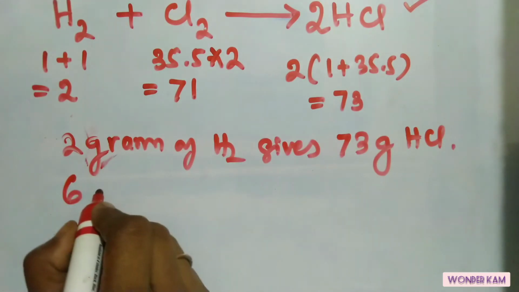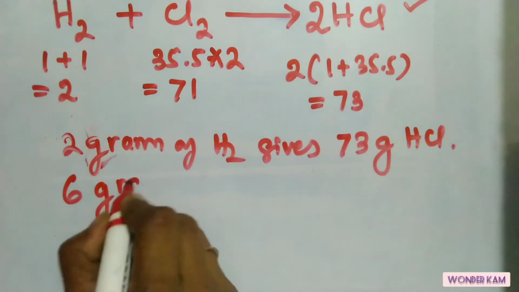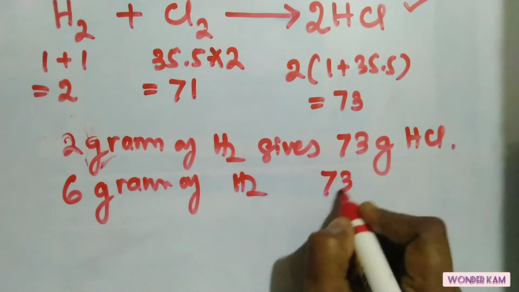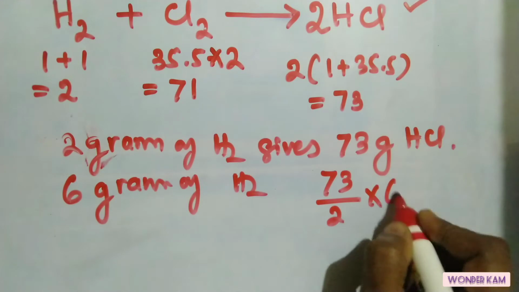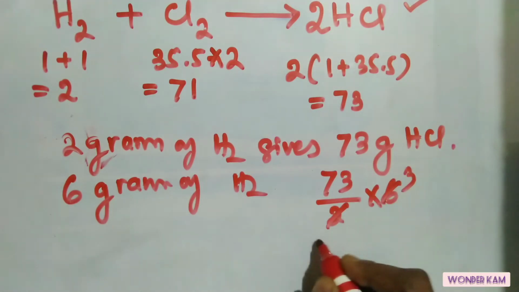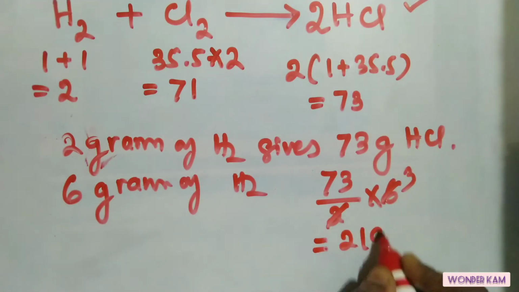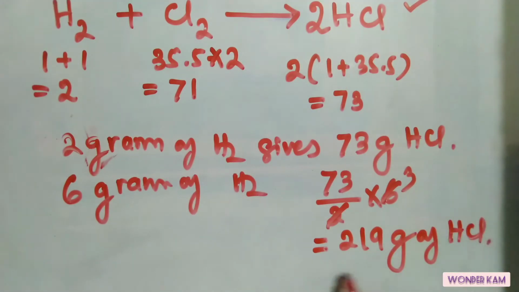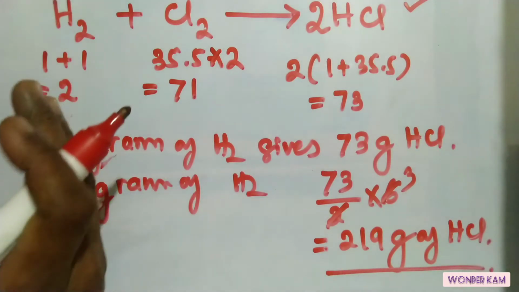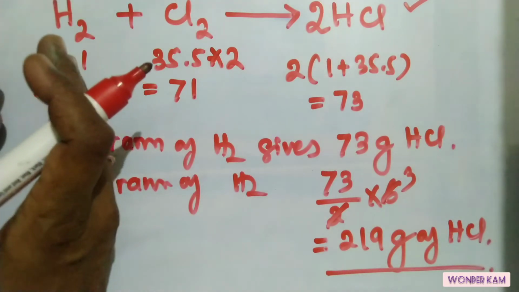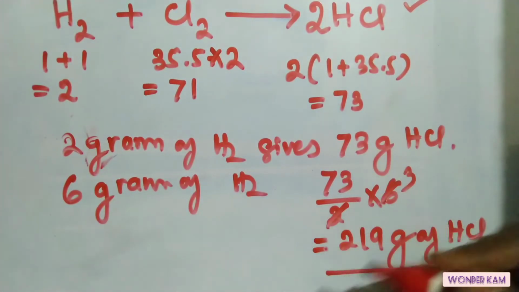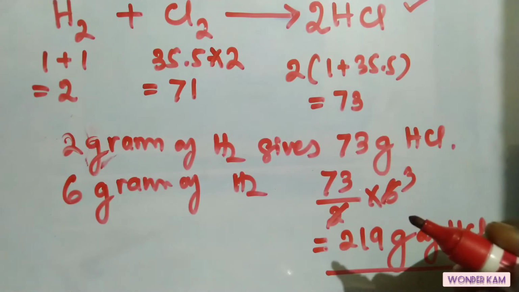Given mass is 6 grams, so 6 grams of hydrogen will give 73 by 2 into 6, so we will have 219 grams of hydrogen chloride. In this way, if the mass of one reactant has been given, we can find out the mass of the product by writing the balanced chemical equation.